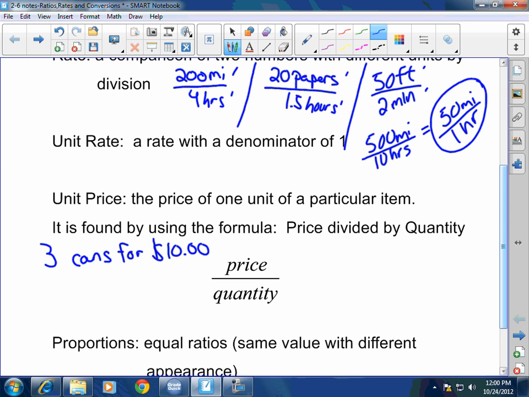So in this particular case, I'm going to find the unit price. The unit price is found by going price, which is 10, divided by quantity, which is 3. So I'm going to divide 3 into 10. It goes in 3 times, which is 9. 1, decimal. It's going to be 3.3 repeating, right? I can't put repeating as money. So what would the unit price be here?